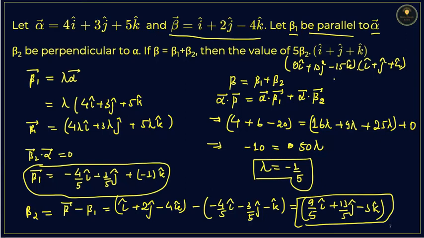That is equal to 9 plus 13 minus 15. So 9 plus 13, you will get 22, 22 minus 15, that is equal to 7. So the answer that you will get is equal to 7.